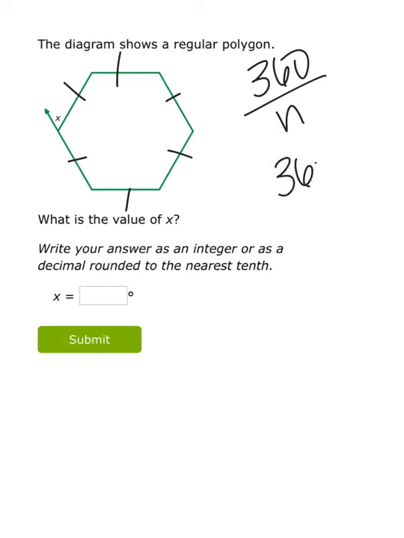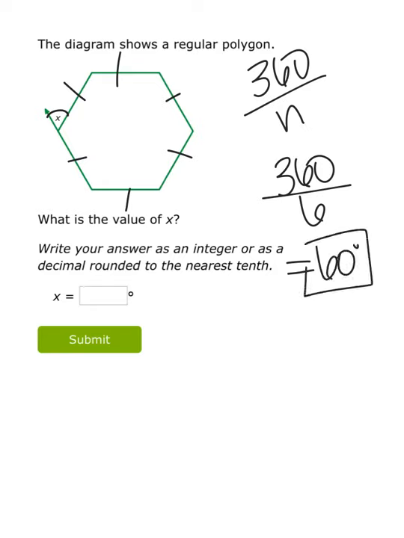So I would just do 360 divided by 6, and that would tell me what this exterior angle would equal. So 360 divided by 6 is 60 degrees. So each of these exterior angles, if I were to extend them out, would be 60 degrees.